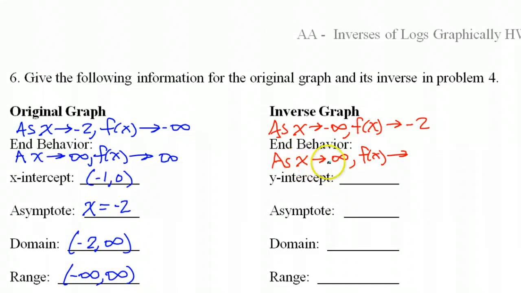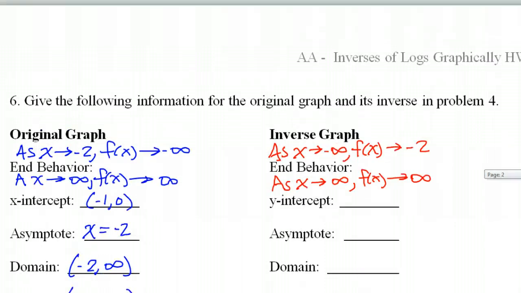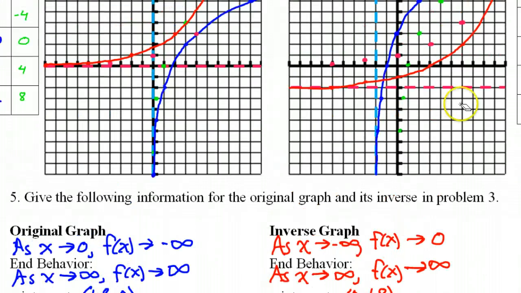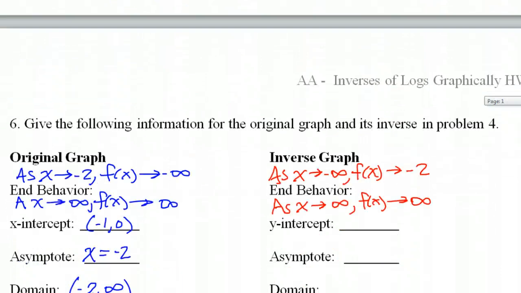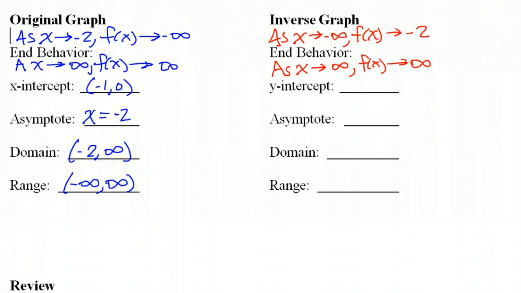So as x approaches infinity, f of x, same thing as y, approaches positive infinity as well. Why did I put a parenthesis on that? I don't know. And I don't care. Now, the y-intercept is right here, and that appears to be (0, -1).